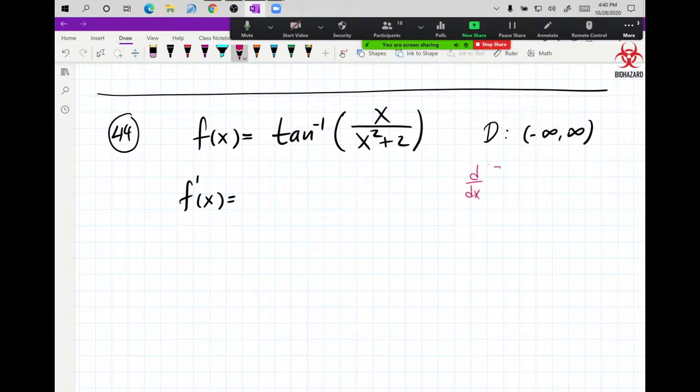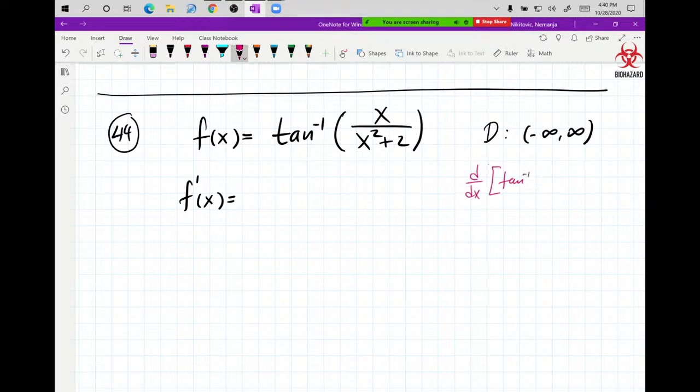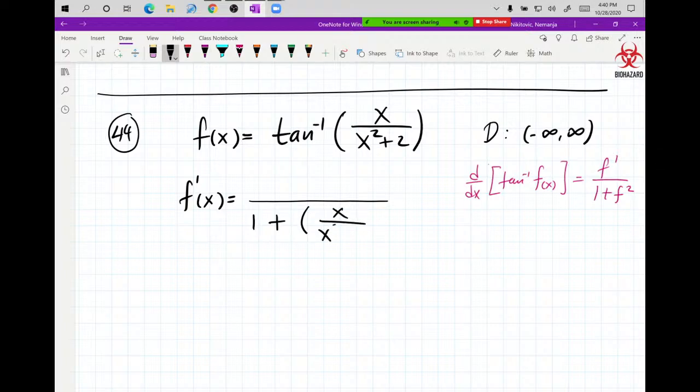The derivative of inverse tangent of any function, and in this case we have this mess, is going to be f prime divided by 1 plus f squared. So that's the function that you are dealing with. Now the derivative is going to be a little bit tricky, but such is life. We're going to have 1 plus and then the function squared.